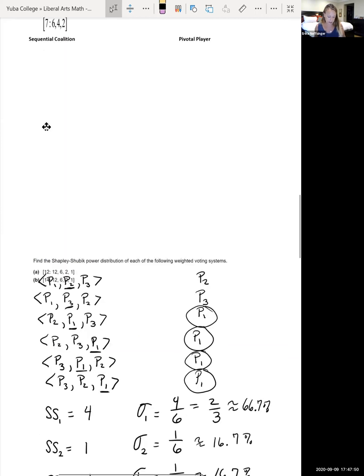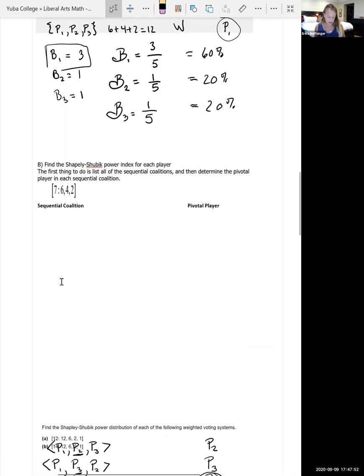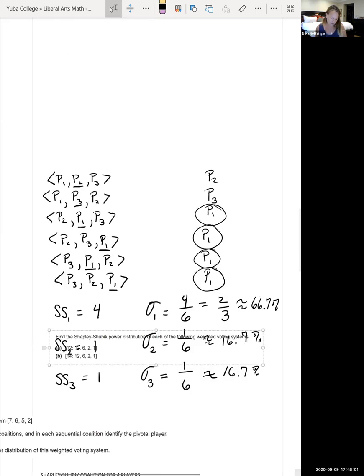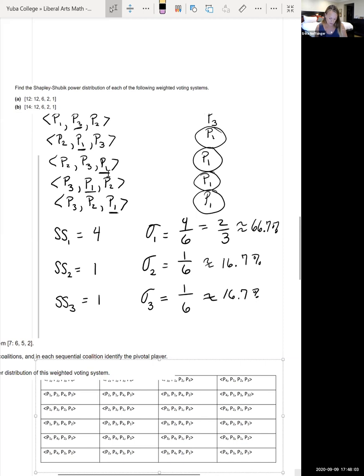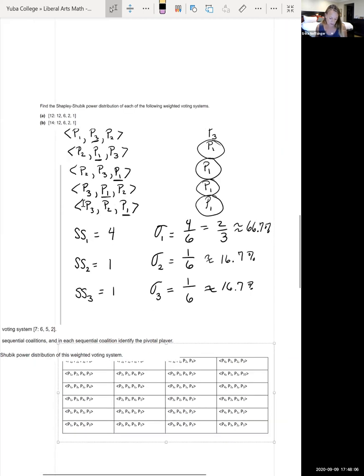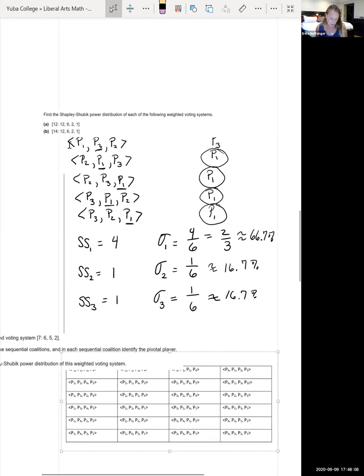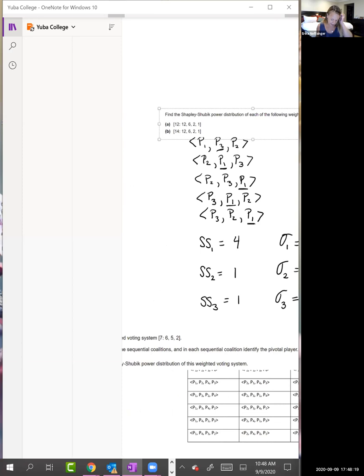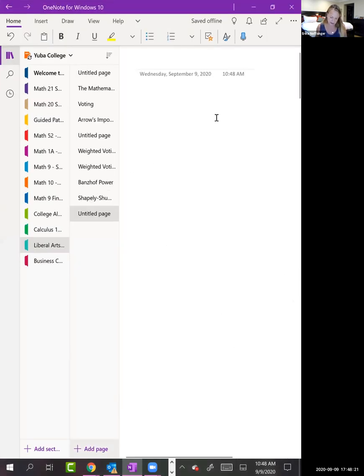So any questions? I can pull everything down. I'm just going to go to a different page so I don't have to start playing around with it.